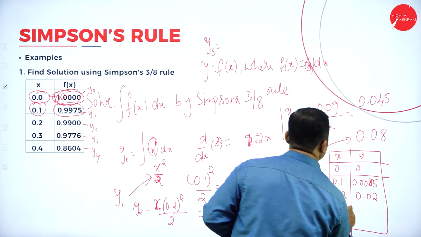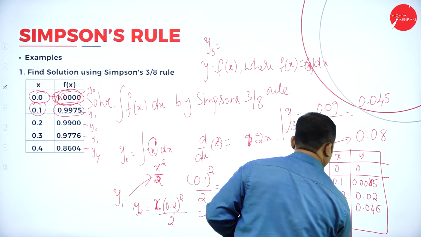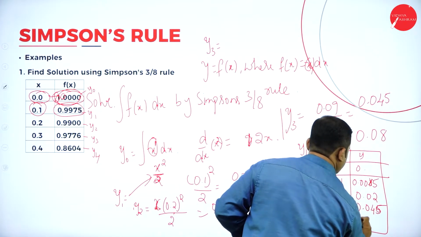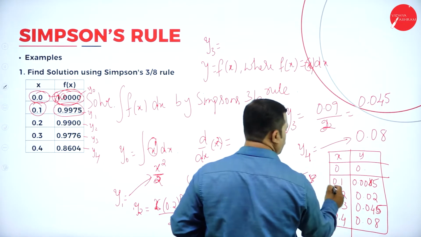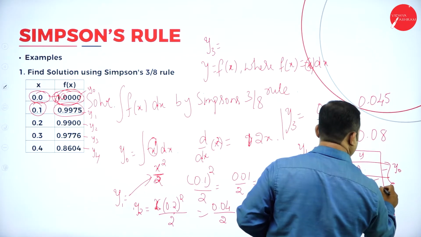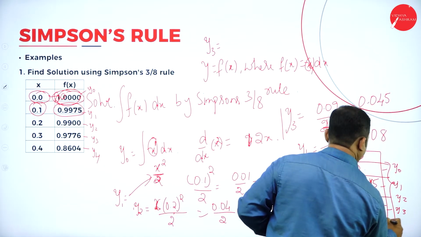For y3, it is 0.045. For y4, 0.08. These are the values of y0, y1, y2, y3, y4.